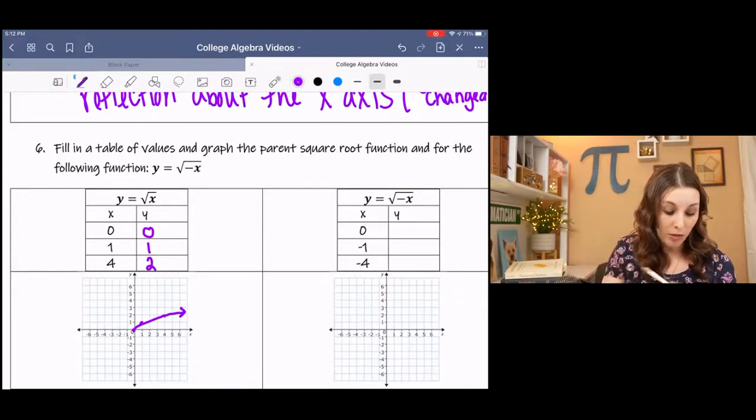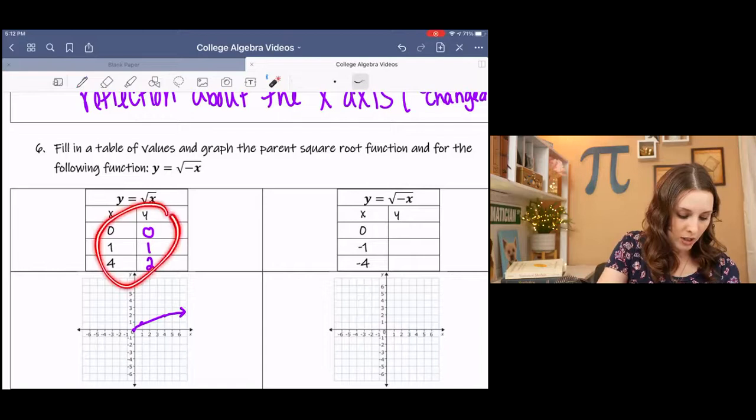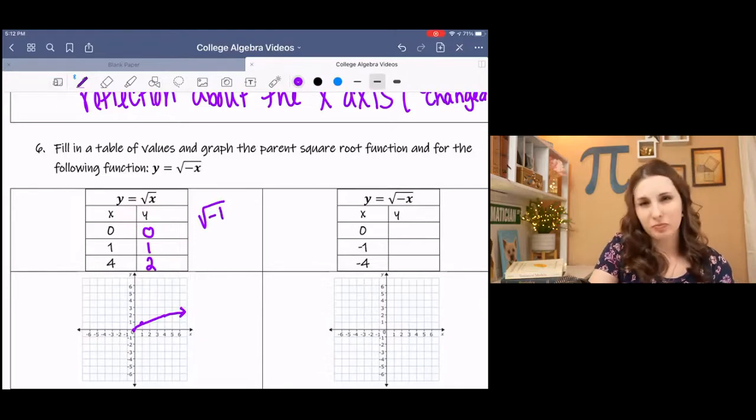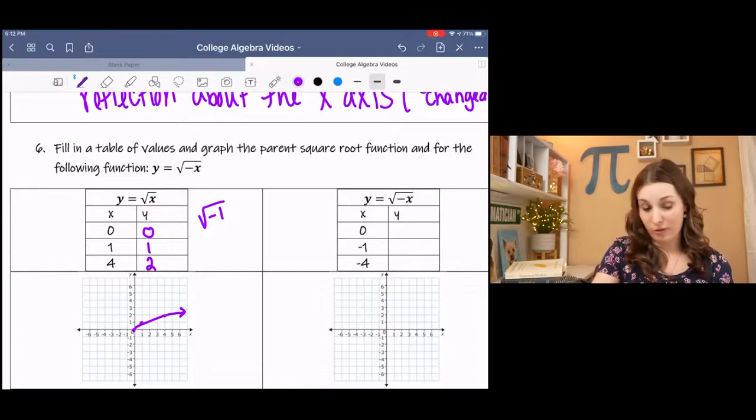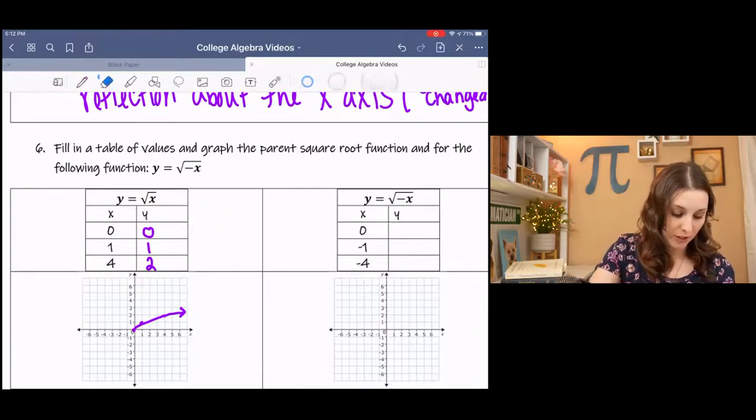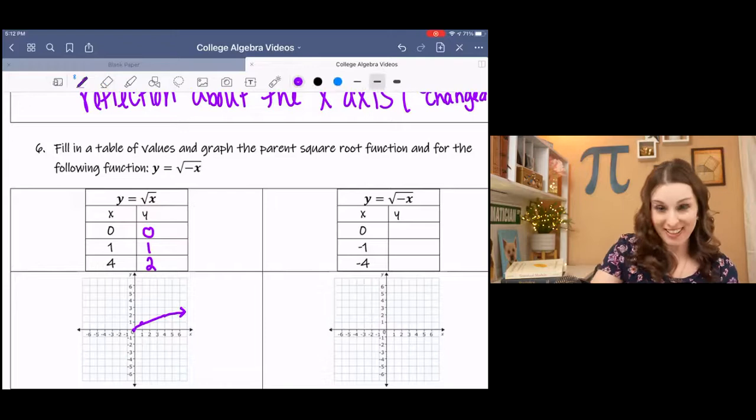The reason on this parent function is if we plug that into the original function, when you try to take a square root of a negative value, it puts you in the imaginary numbers, which we haven't quite learned yet. So we can't use those to graph. That's kind of a side note. Not the point of the lesson.